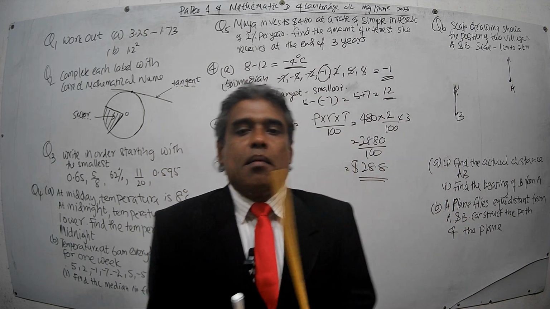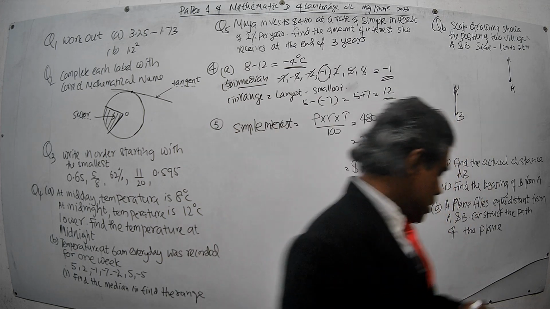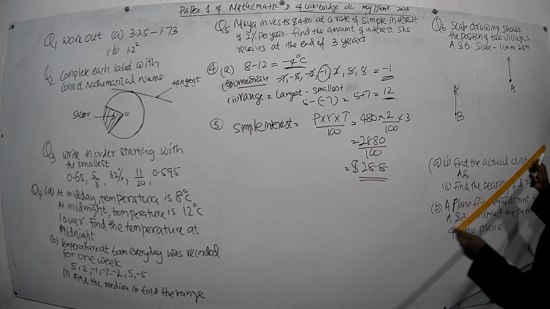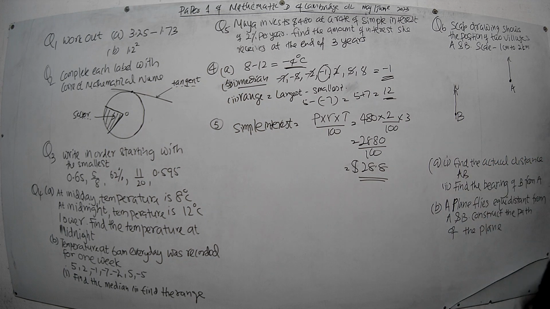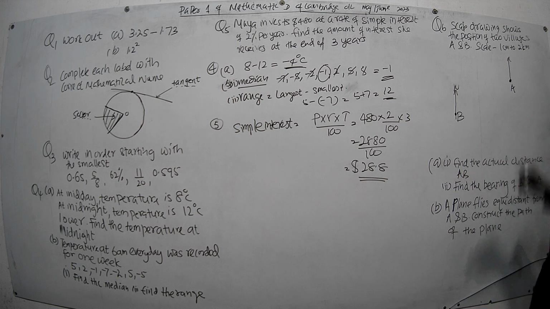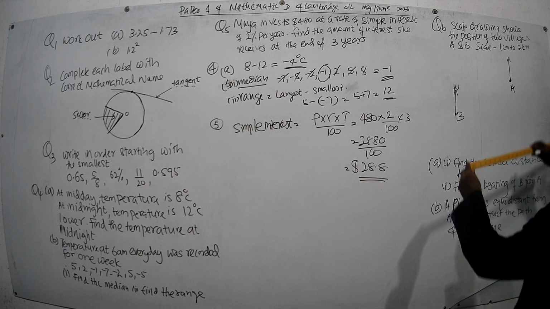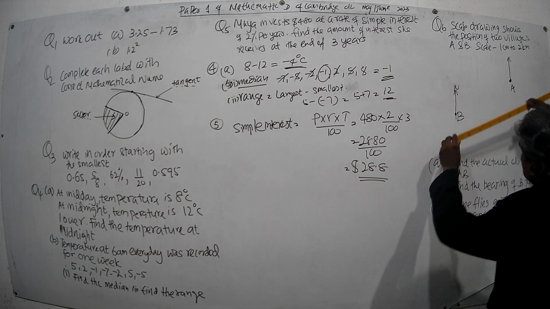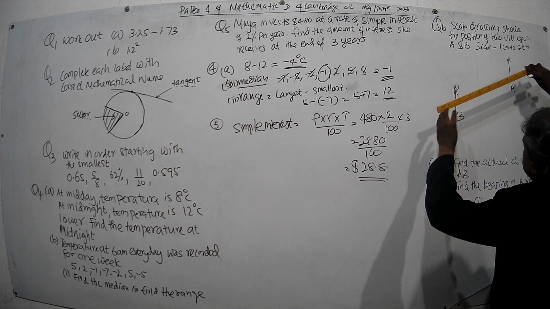You do it by taking the measurements from the diagram on the question paper. Right now, in my diagram, I am going to answer question A, part 1. They ask you to find the actual length of AB. Okay, now I am going to measure the centimeters of the length between A and B.